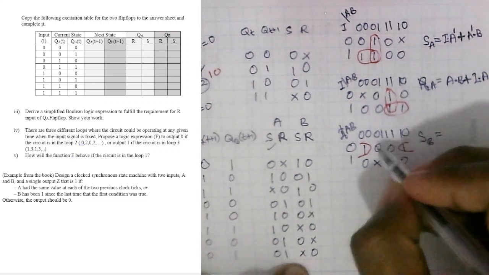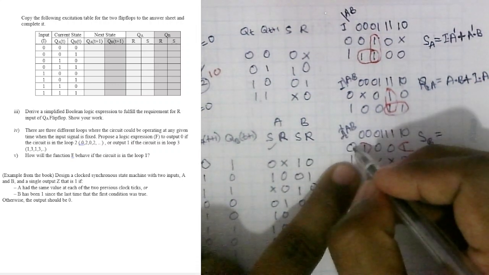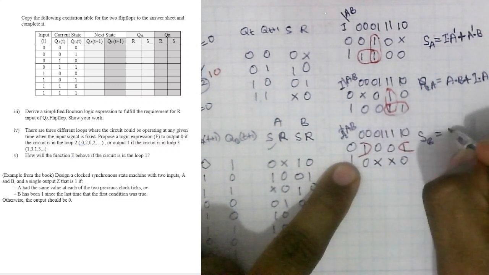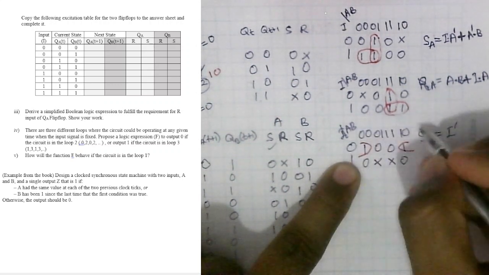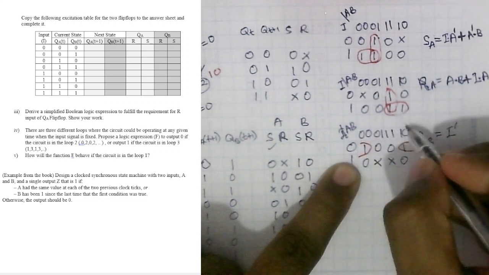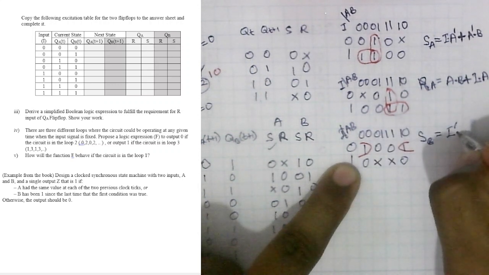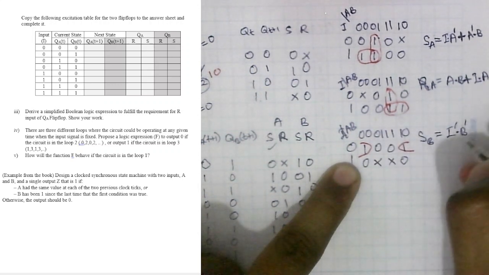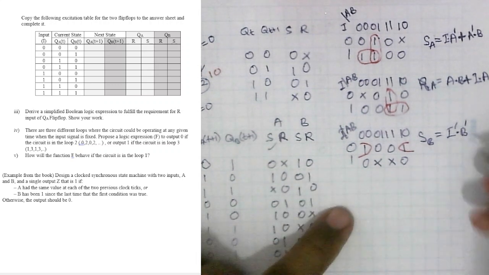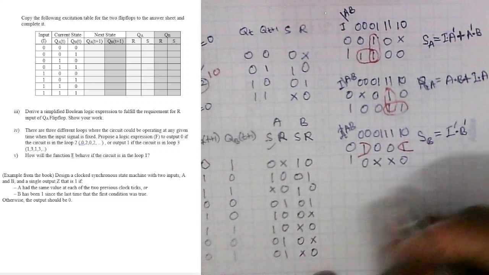So what is the configuration now? It is I bar, I dash. Then what is common here? A is changing, B is not changing, B is always 0, so I will be using B bar. There is a single group here and it is easy. Okay, the last one.